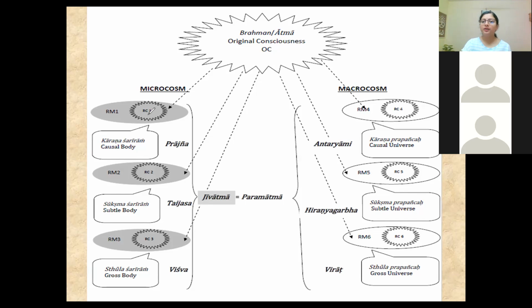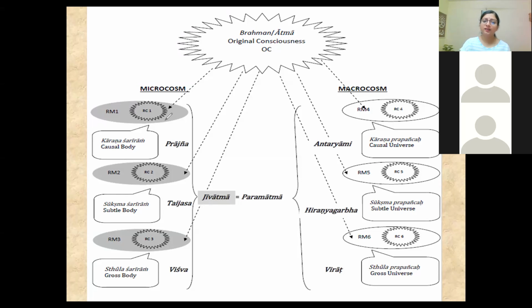Remember that original consciousness can never be seen or experienced or perceived in any way. The best we can do is only a reflection. For us to perceive or recognize this consciousness, a medium is necessary. Over here we have the 3 reflections, that is Vishwa, Taijasa, and Prajna.